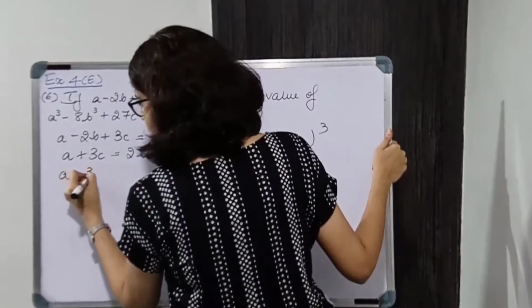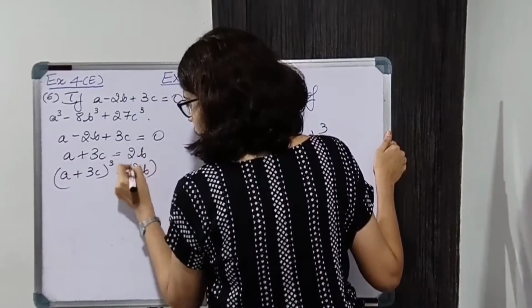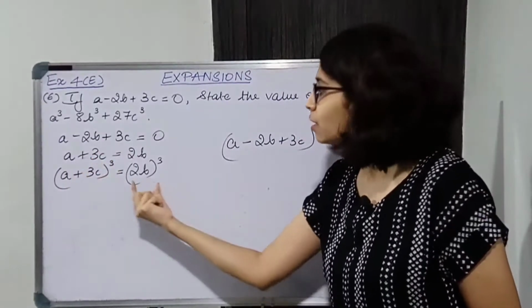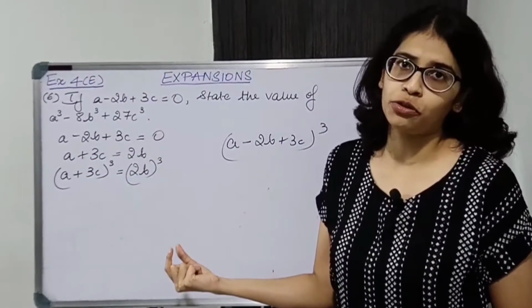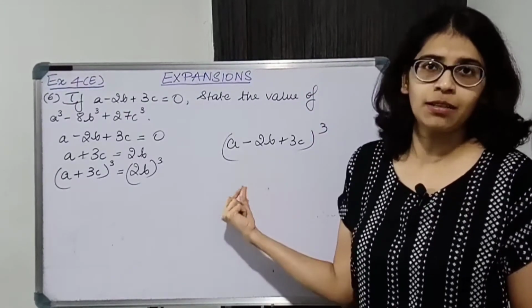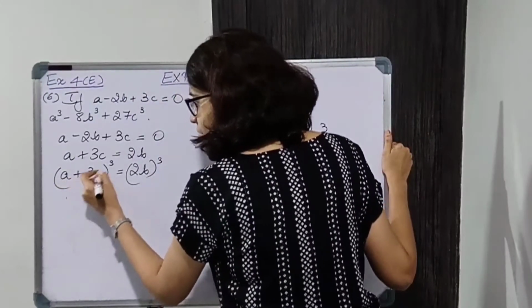So (a plus 3c) the whole cube is equal to (2b) put brackets, the whole cube. LHS, write down the LHS, put brackets whole cube. Write down the RHS, put brackets whole cube. Give reason: cubing on both the sides. Please give reason. Okay. So this is of the form (a plus b) the whole cube.